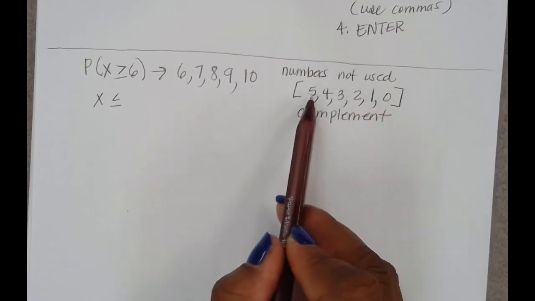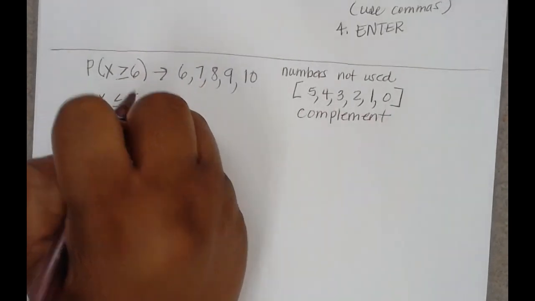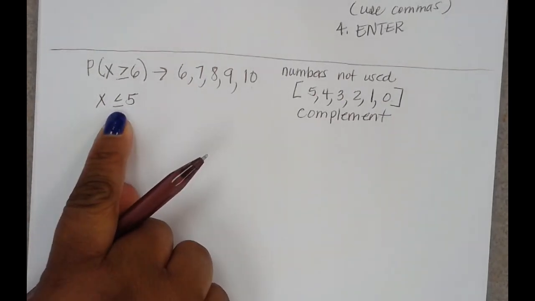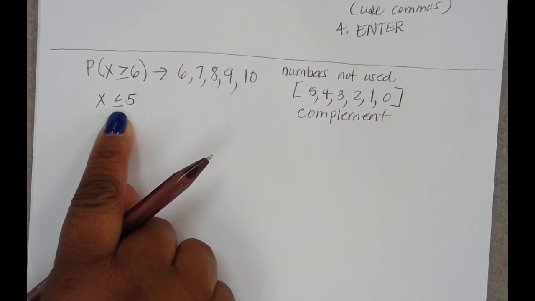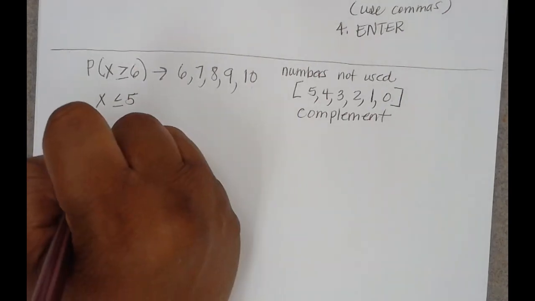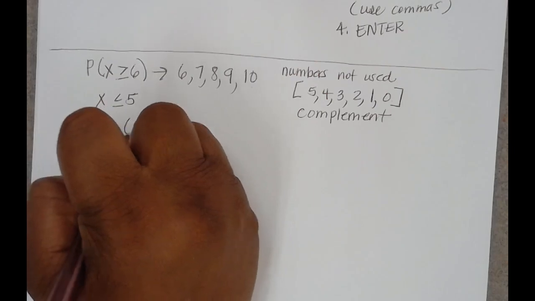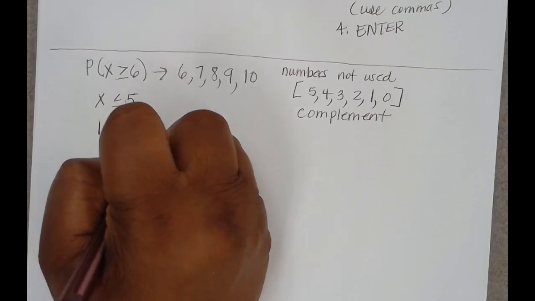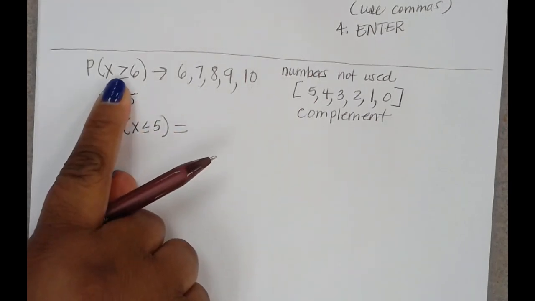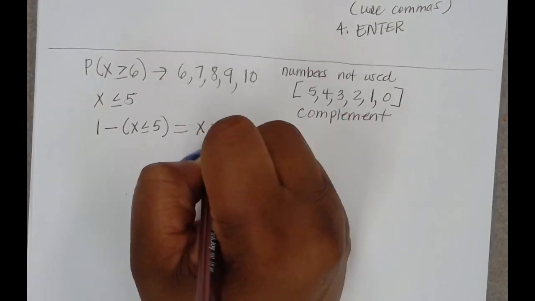That means 5 or less. Well, that's the complement. I want to connect: how can we use the complement to find probability? Well, I know that 1 minus the complement, in this case x is less than or equal to 5, would equal the actual numbers that I want, which are x is greater than or equal to 6.